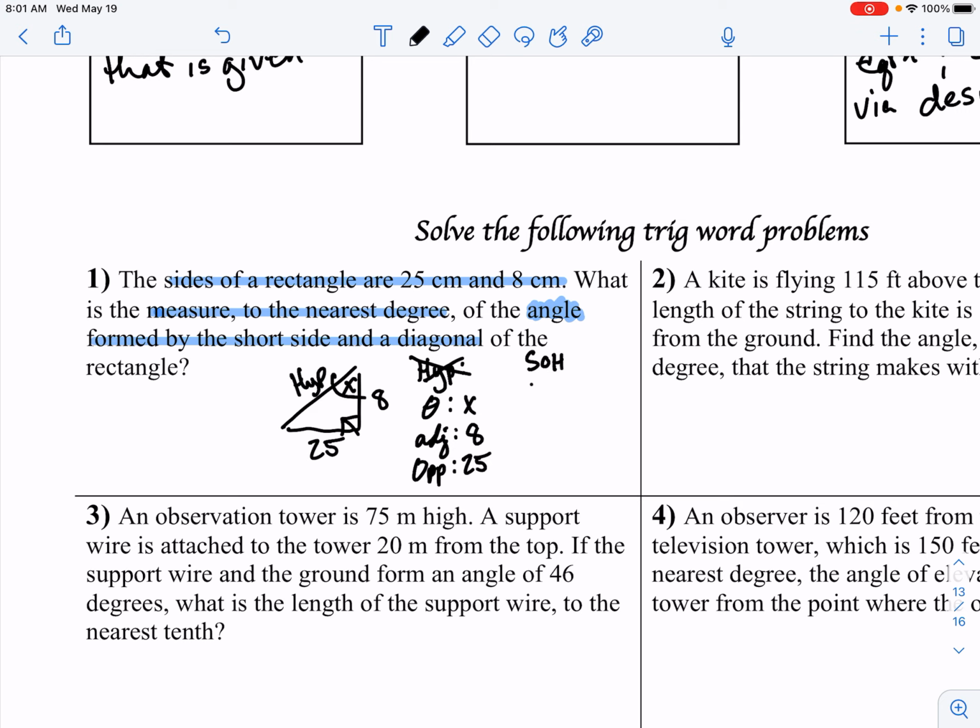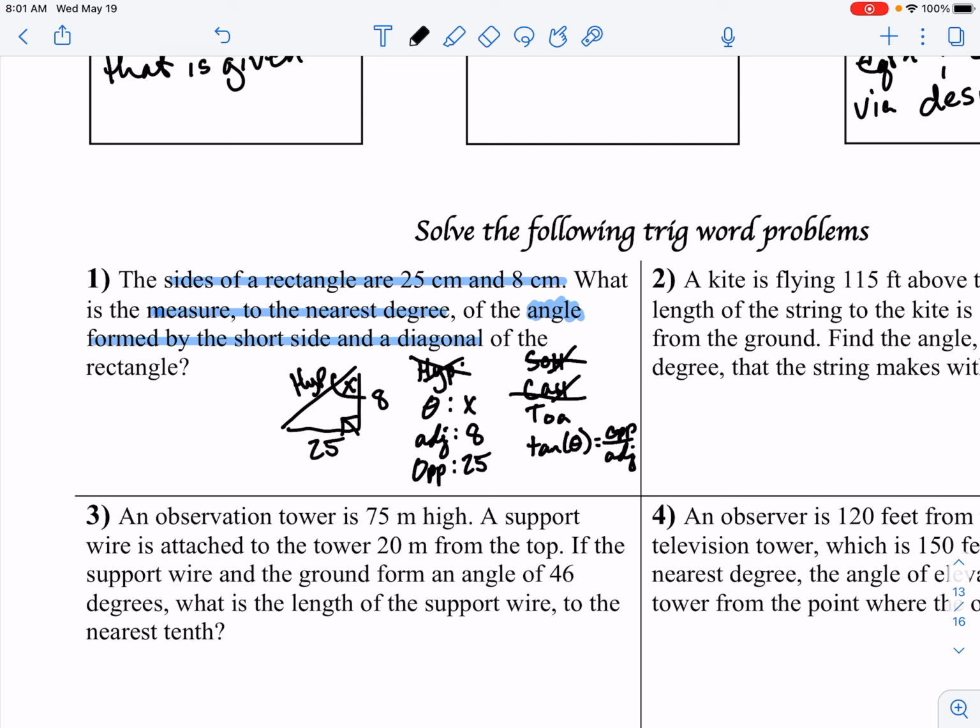And again, SOH CAH TOA. Because I cross out my hypotenuse, because I don't have it, don't want to find it, I'm left with TOA. So it's going to be tangent of theta equals opposite over adjacent.